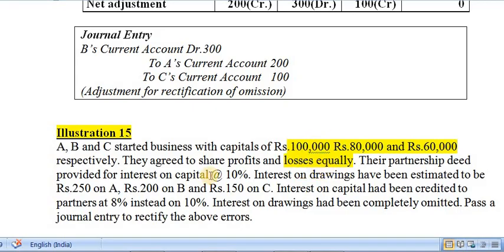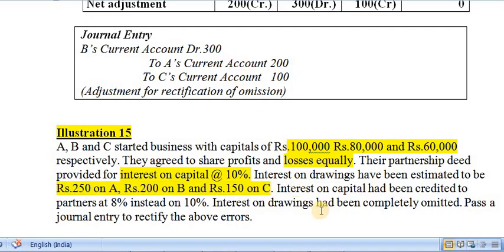Good. Provided for interest on capital at the rate of 10%. Interest on drawings have been estimated to be 250 on A. That is flat, 250, 200 and 150. So we don't have to calculate. It is given clear.